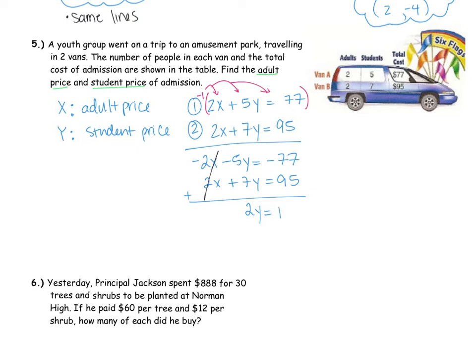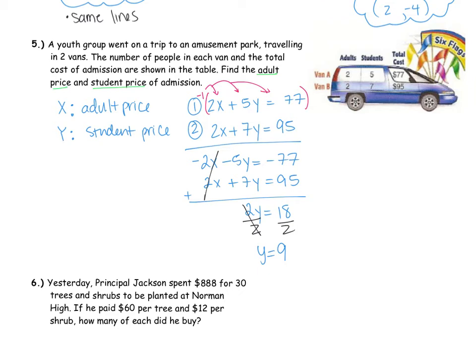So if I divide by 2, my y is equal to 18 divided by 2, which is 9. So my y is 9, and y is the student price. It looks like the student tickets cost $9.